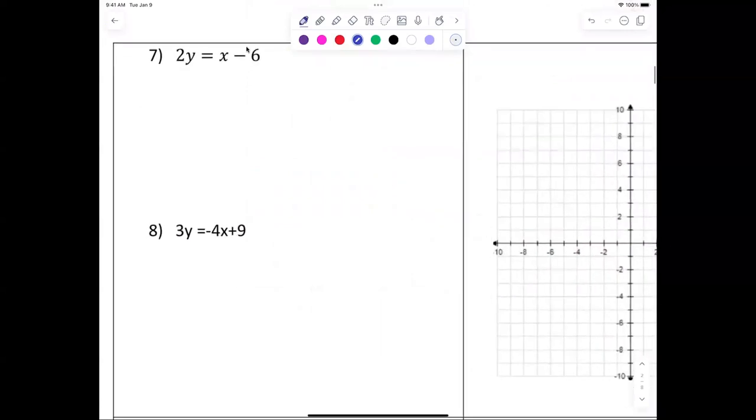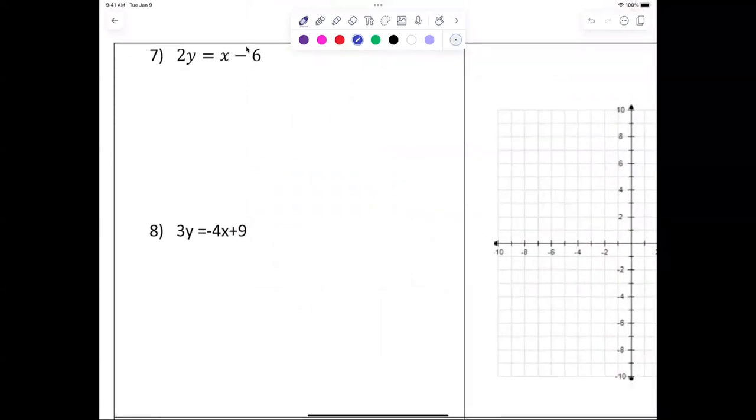With number 7, I have a problem. Why do I have a problem with number 7? I have a 2y instead of 1y. Because we are brilliant, we know what I have to do. If I multiply the y value by 2, that will make it 4y.